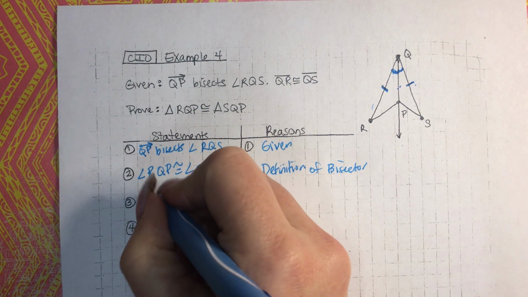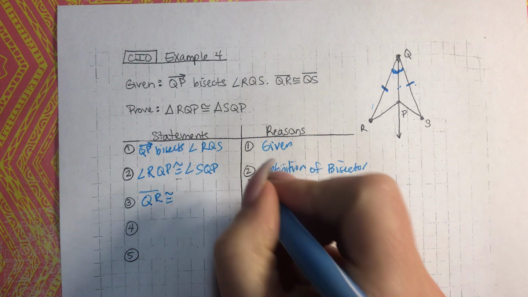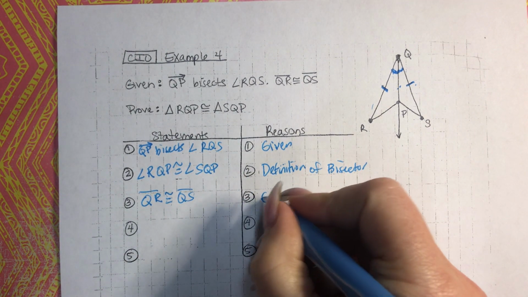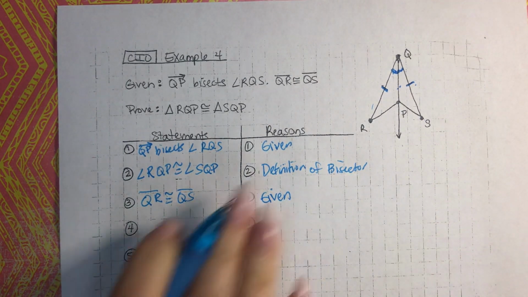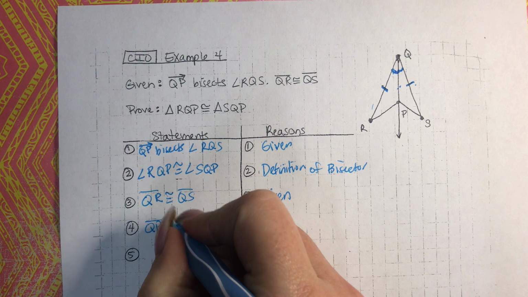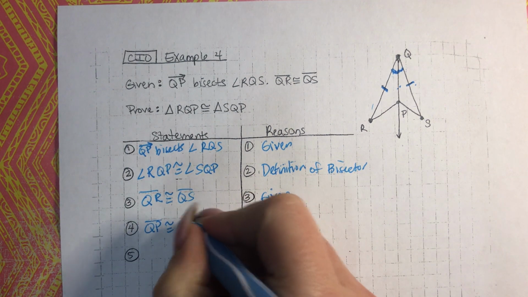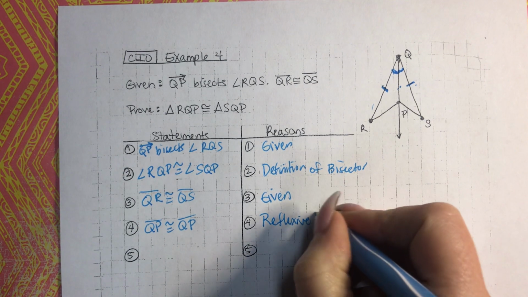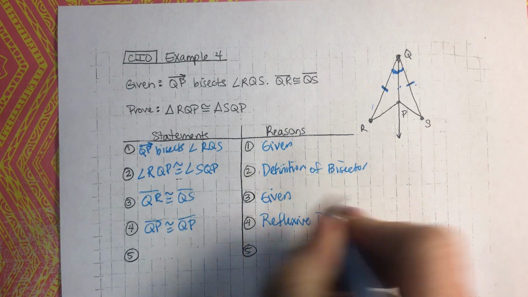Line segment QR is congruent to line segment QS. That is just given information. And then what's that last bit right there? QP is congruent to QP because of the reflexive property of congruence.